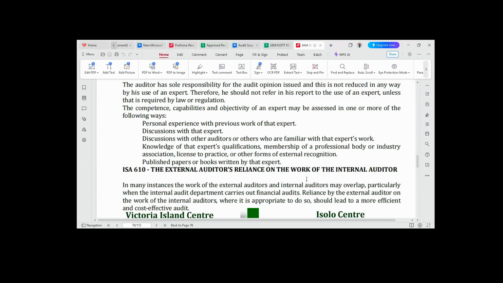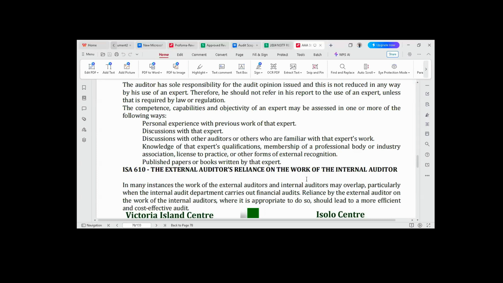Now, in the course of performing the audit engagement, especially where you have a client that has an internal audit department, the work of the internal auditor is supposed to make the life of the external auditor easier, because the internal auditor is supposed to be the support system for the external auditor.